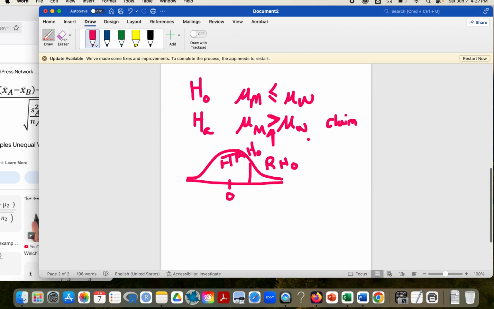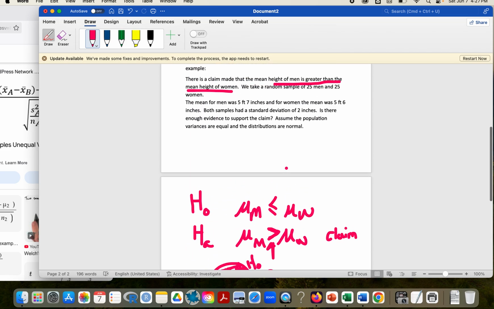In other words, we're now looking at taking the two samples and seeing, are they too far apart or are they very close together? So if they're too far apart, our test statistic is going to land in this rejection region. But if they're fairly close, then they're going to land in this failed to reject region. Now, that's a statistical idea.